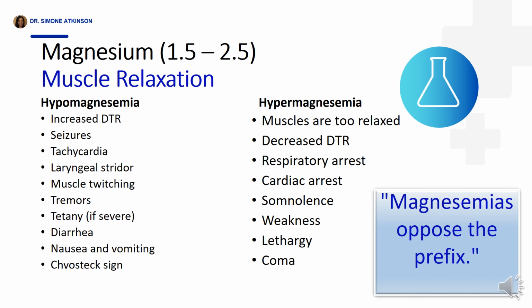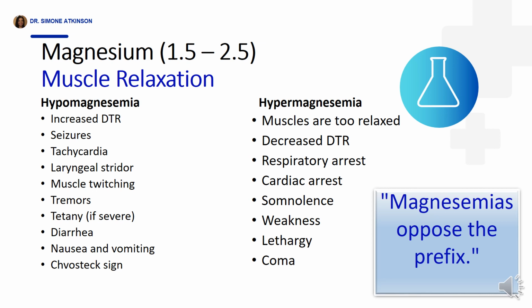So when we first focus on magnesium's core function of muscle relaxation, just visualize a scenario where you administer a significant amount of magnesium to a client. So what's the likely outcome? The muscles would be profoundly relaxed, creating a state of heightened relaxation, correct?